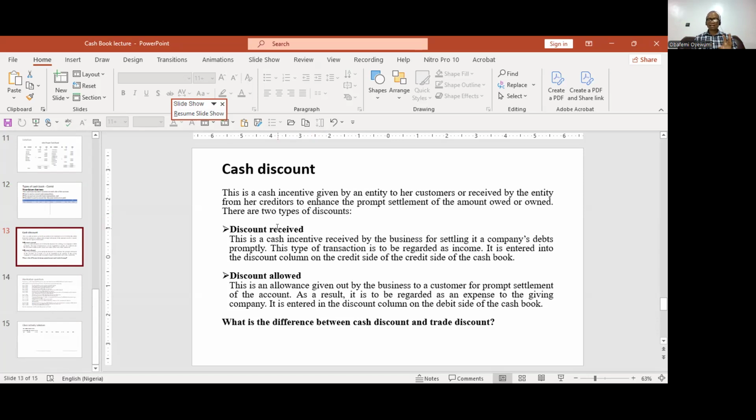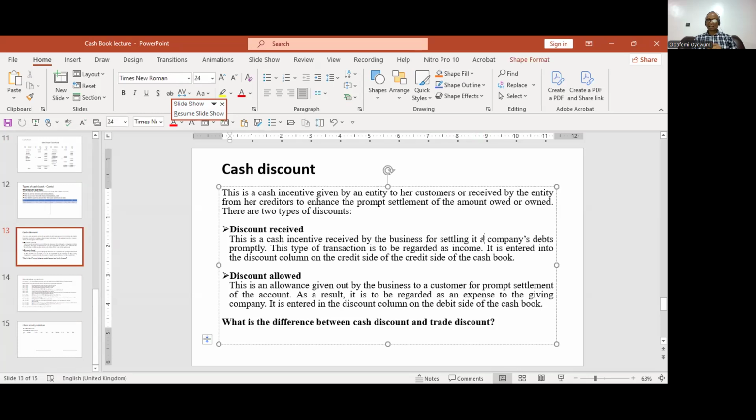So there are two types: discount received and discount allowed. When we talk about discount received, we're saying that this is a cash incentive received by the business for settling its debts.